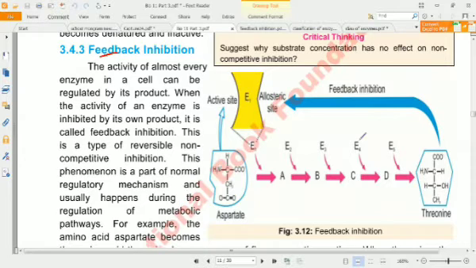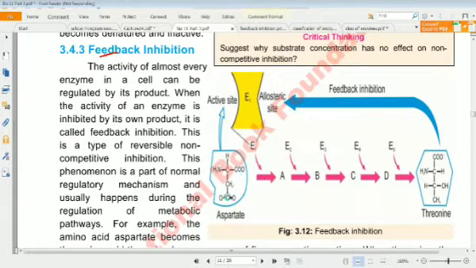So let's take a look at an example that we have here. Like this is an enzyme E1.